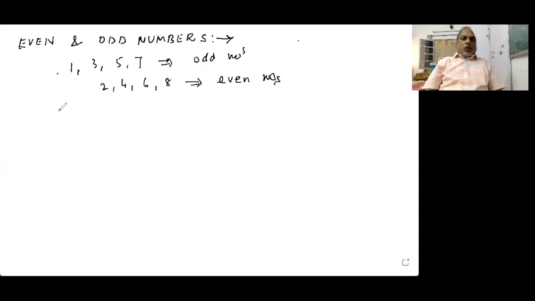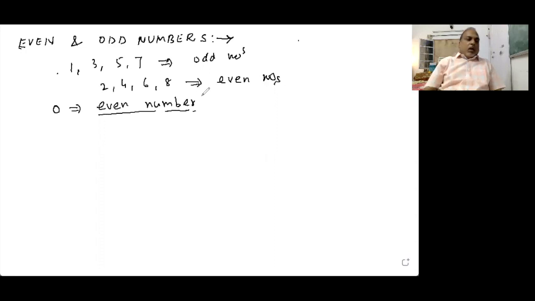Now what about 0? 0 is considered as an even number. Please note that 0 is always considered as an even number.